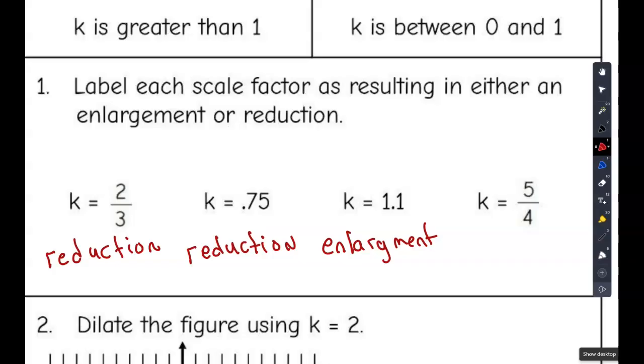What about the last one? It is also an enlargement because it is an improper fraction. Another way to write this is 1 over 1/4, so that's going to be greater than 1.